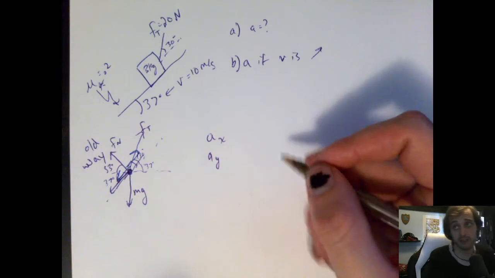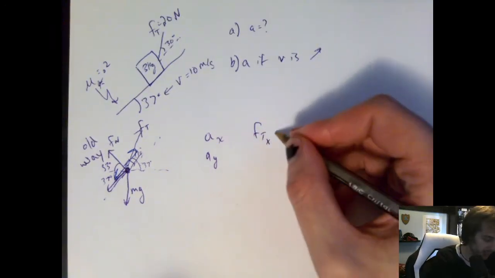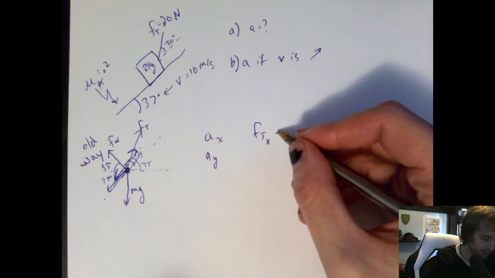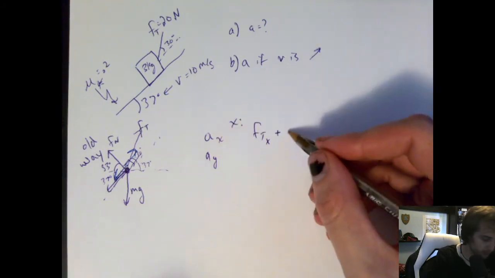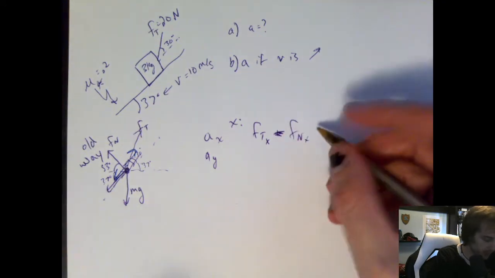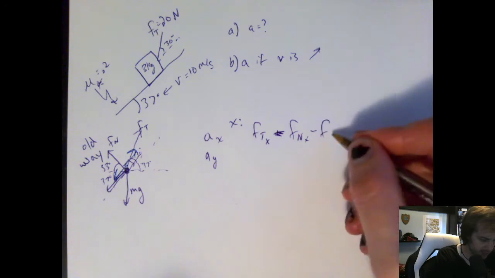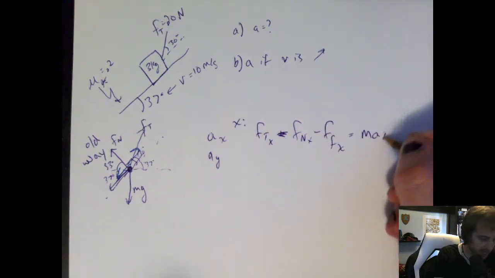And our equations for this are going to look something like, for the x direction, Ftx, which we're going to have to use trig to get, minus Fnx minus Ffx, and that's all going to equal max.